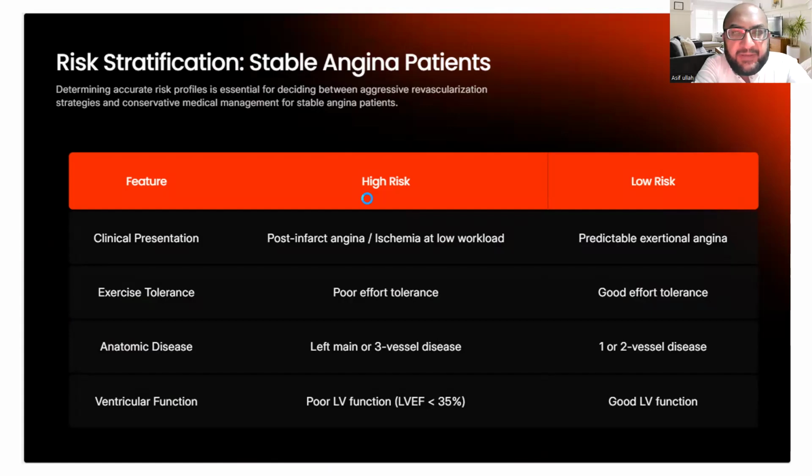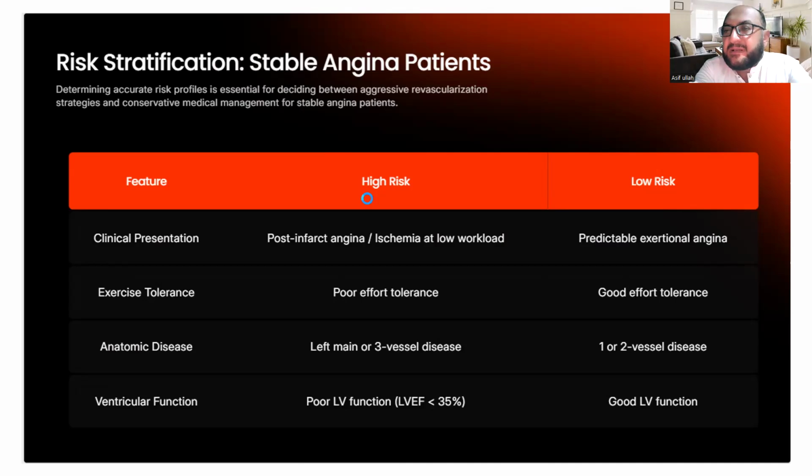How would you risk stratify a stable angina patient? When there is post-infarction angina or ischemia at low workload on exercise tolerance test, the patient has poor effort tolerance, there is a great possibility of left main coronary artery or three vessel coronary artery disease obstruction, and if the ventricular ejection fraction is less than 35%, it is also one of the high risk factors for a stable angina patient.